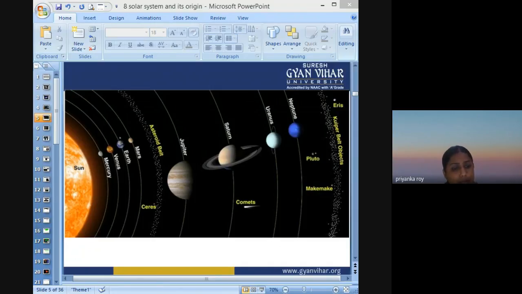So the sun's heliosphere does not extend quite that far. The heliosphere is a bubble created by the solar wind. So, what is a heliosphere?